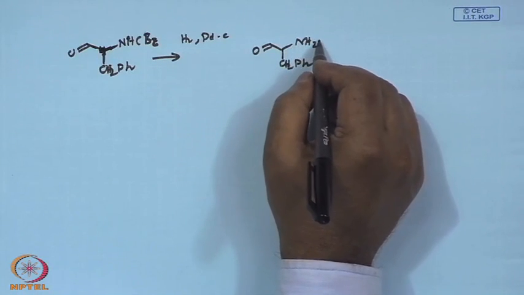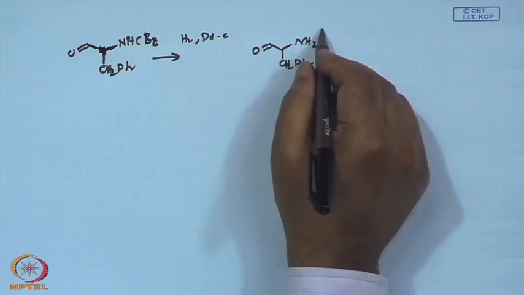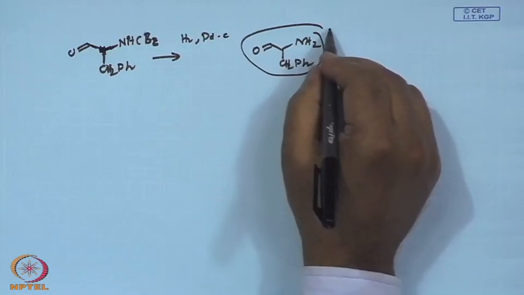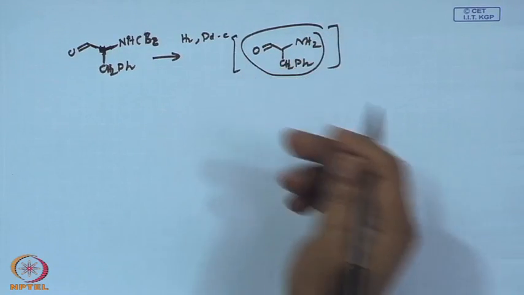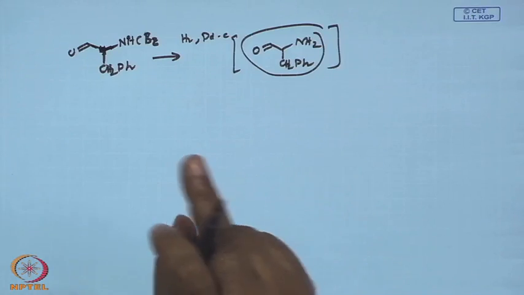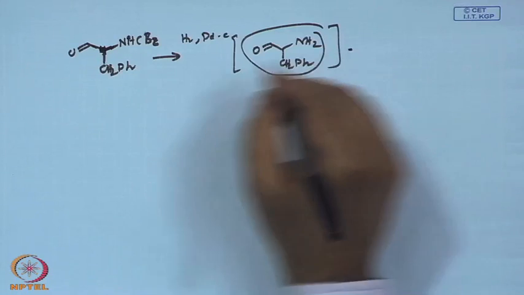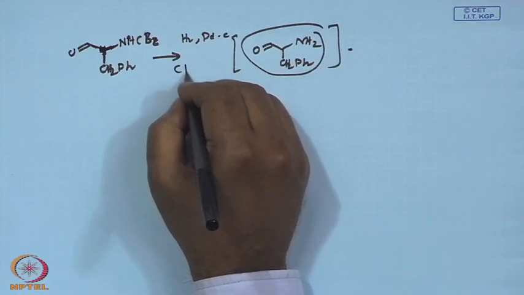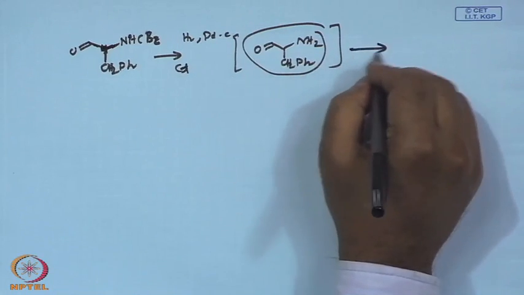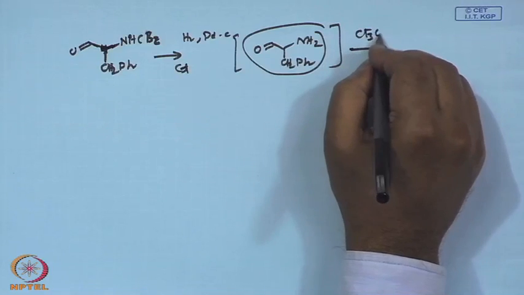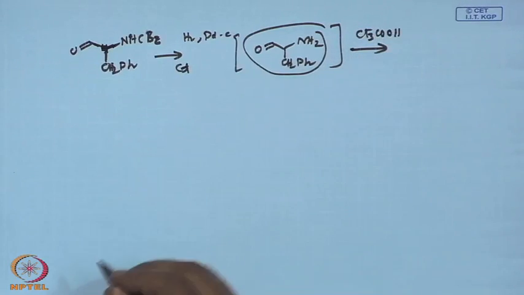But these sorts of compounds are not stable, simply because you have an aliphatic amine and an aldehyde. It undergoes Schiff base formation and automatically undergoes polymerization, so they are not very stable. To stabilize it, the reaction was carried out in the presence of trifluoroacetic acid.